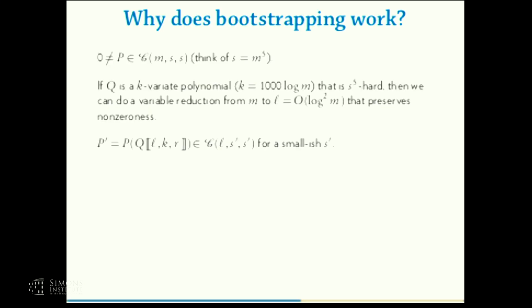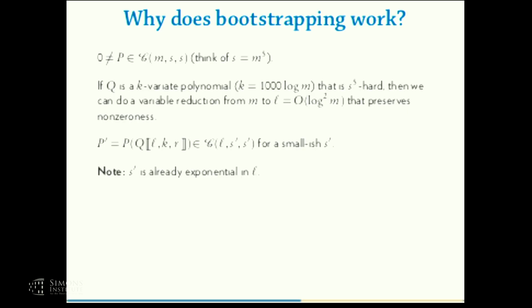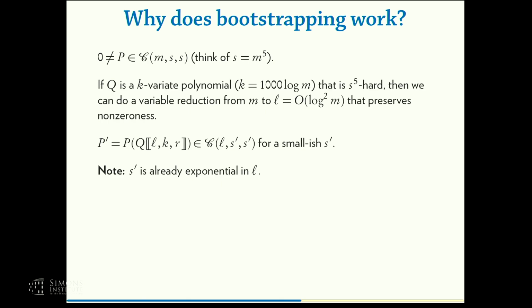Now what bootstrapping is suggesting is that let's look at this new polynomial that we get after this variable substitution, and what is really stopping us from doing this again. The problem is that earlier S was polynomial in m, but S' is going to be slightly larger than S. But if I look at it in terms of the number of variables, this is already exponential in the number of variables.